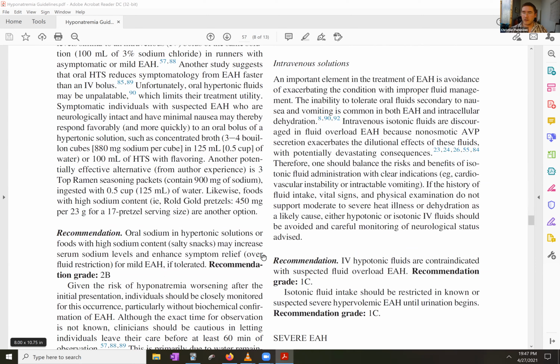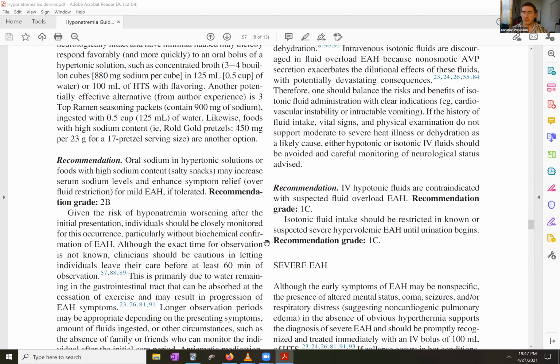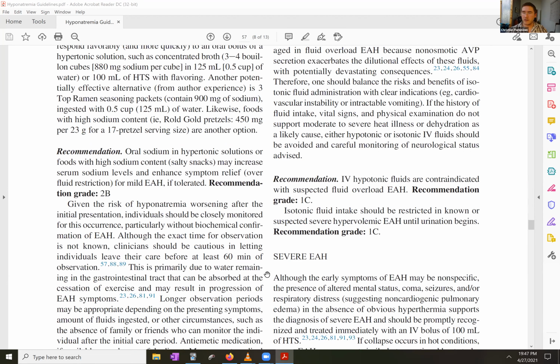Given the risk of hyponatremia worsening after the initial presentation, again we're talking close monitoring of at least 60 minutes if we even suspect one of these things, because they may momentarily correct, their guts retaining a bunch of hypotonic fluid that they've been chugging for who knows how long.